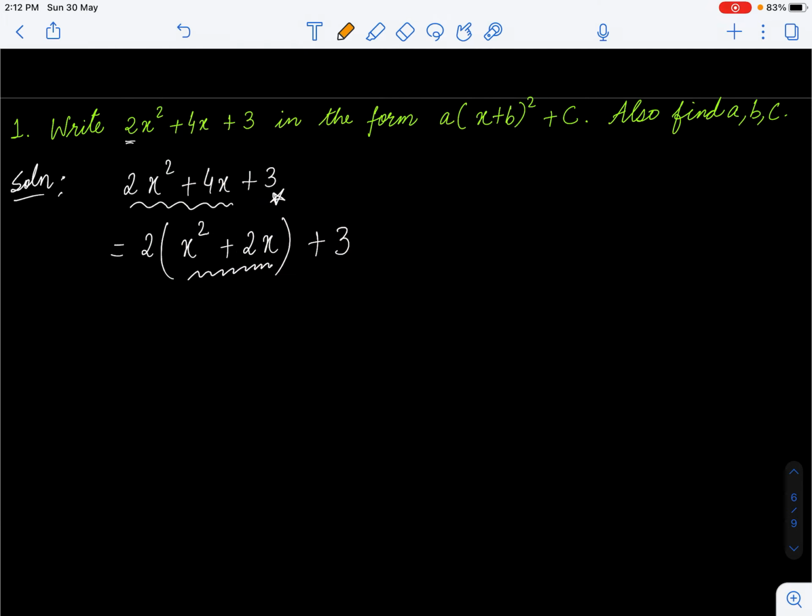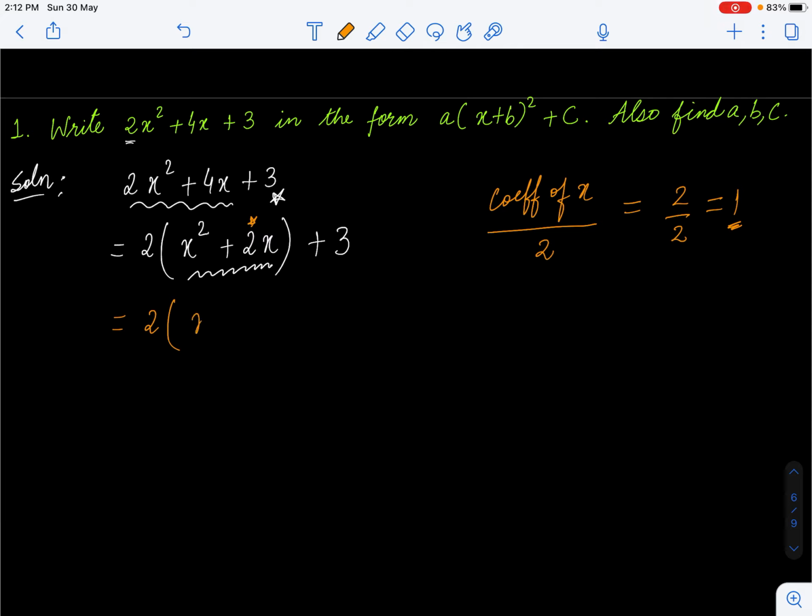So let's solve this. What we will do is find the coefficient of x divided by 2, same thing we did last time. What's the coefficient of x here? I can see my coefficient of x here is 2. So 2 by 2 gives me 1. So this number is 1.